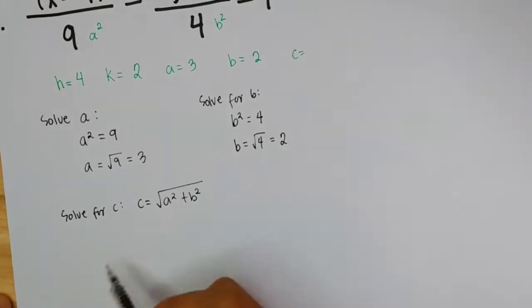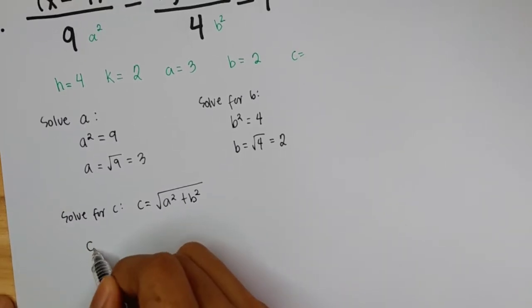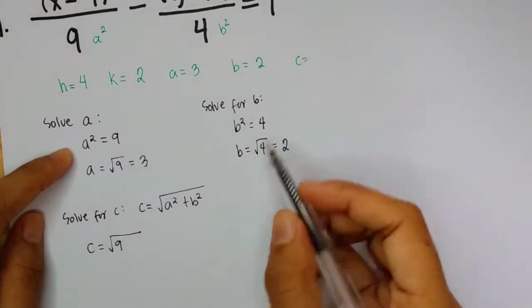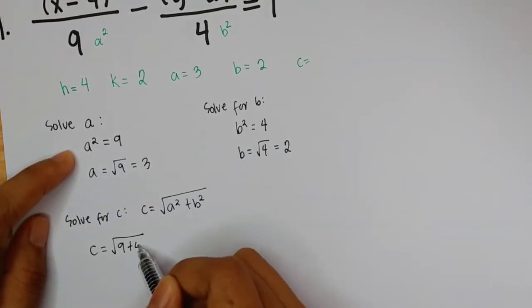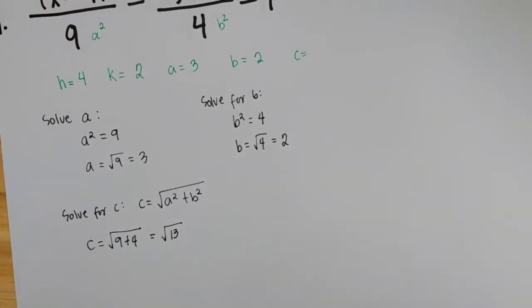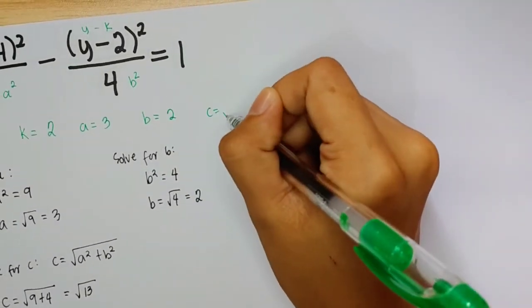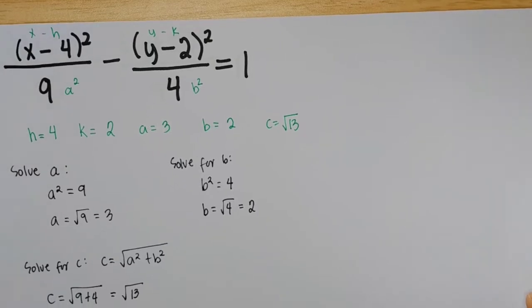Our a squared is 9 and our b squared is 4, so 9 plus 4 is the square root of 13. Since the square root of 13 is not a perfect square, our c is the square root of 13. Those are our givens.